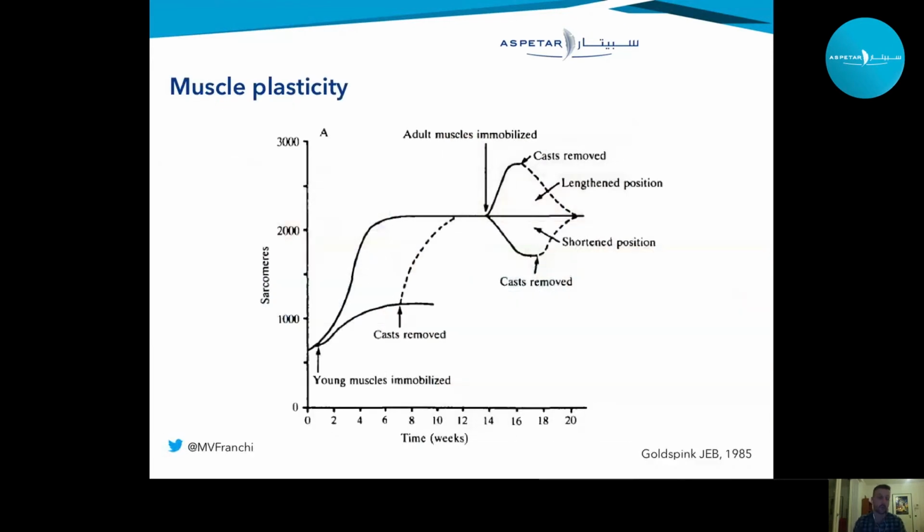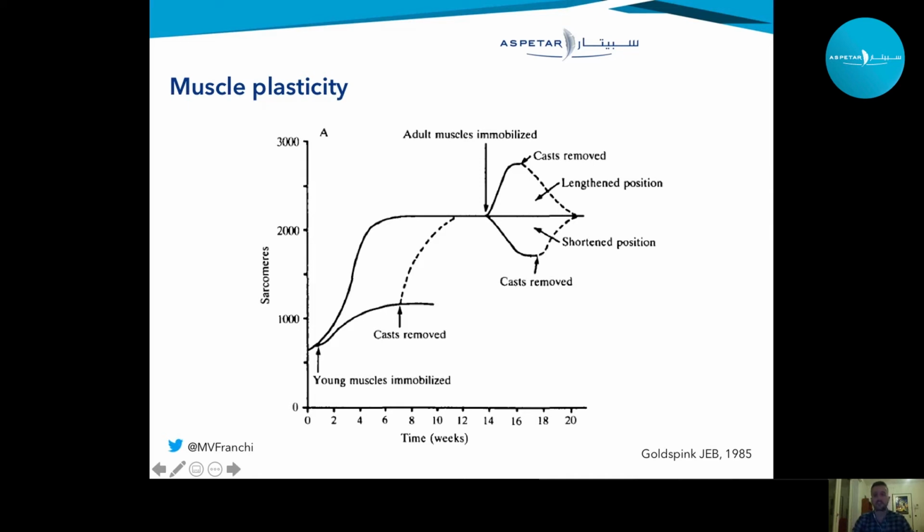And by moving on, we need to introduce the concept of muscle plasticity. Muscle is a highly plastic tissue, and you can appreciate how muscle modulates and regulates its shape and its structure in acute states, in chronic states, or across the lifespan.